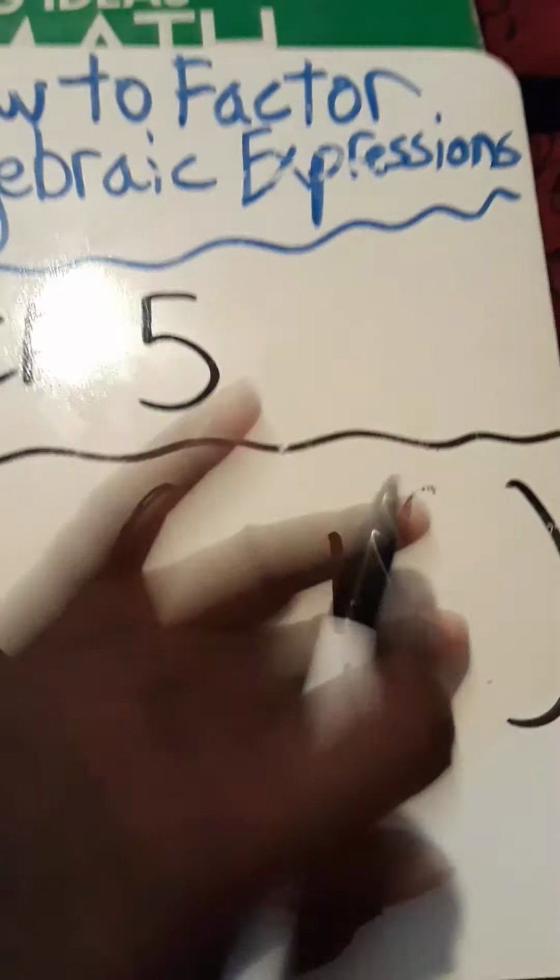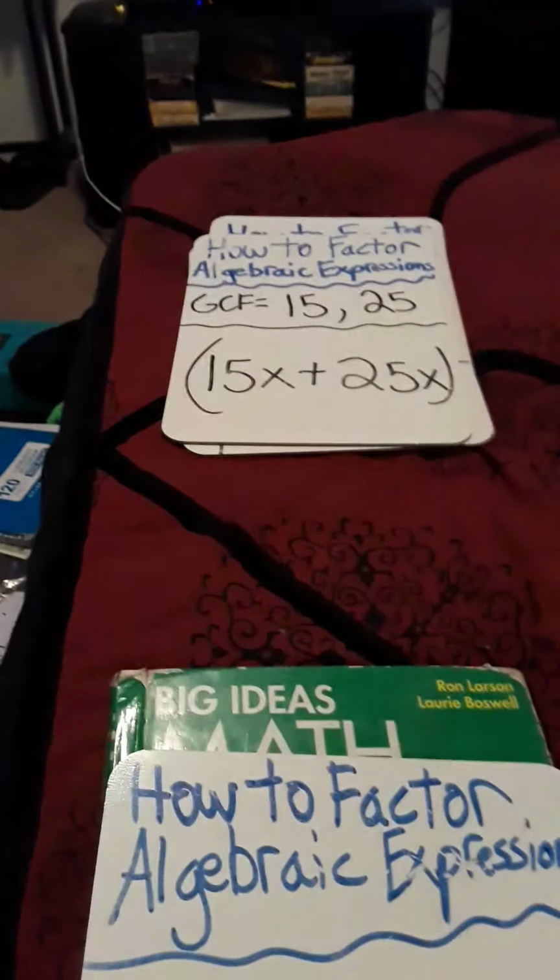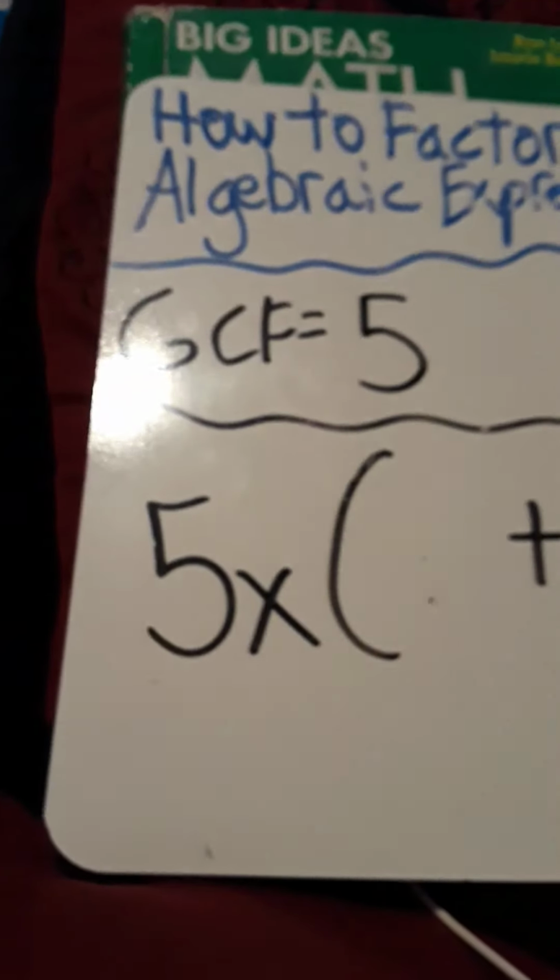Remember, last time we did some division, right? So what's 15 divided by 5? 3. What's 25 divided by 5? 5. Notice how we have factored the x out of the problem as well.